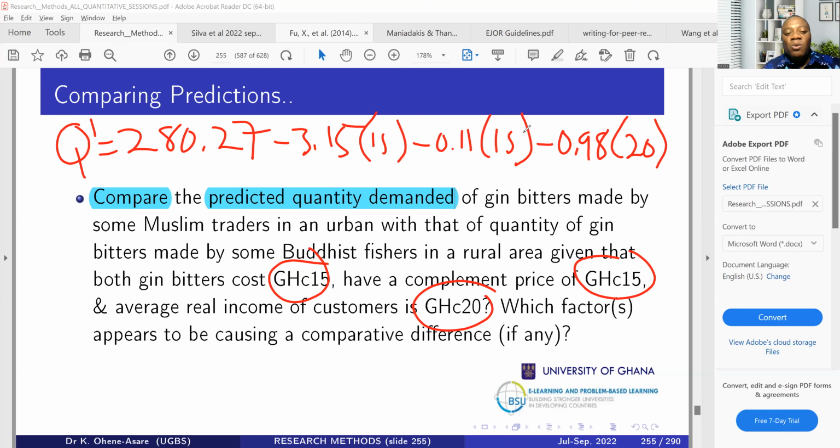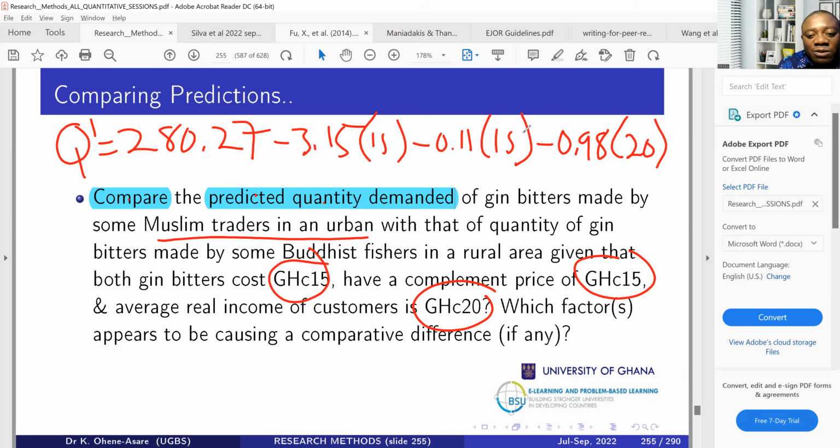What is now left? We are told that the people are Muslim traders in an urban town. How do we go about that? To do that, you have to go to the location, because that's the next one. If you check the coefficient of location, you will notice that the coefficient is minus 0.511.